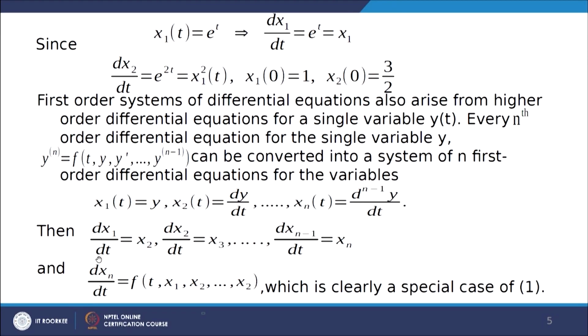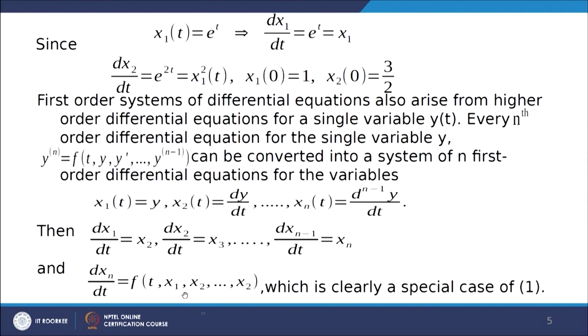So, dxn/dt can be written for this nth derivative of y with respect to t, and we have f of t, y is x1, y dash is x2, and so on, the (n minus 1)th derivative of y is equal to xn. So, this is f(t, x1, x2, and so on, xn), which is clearly a special case. So, now you can see there are n equations.